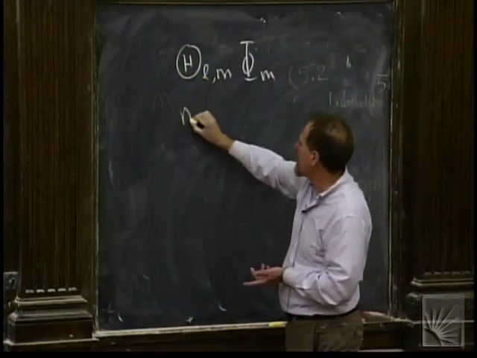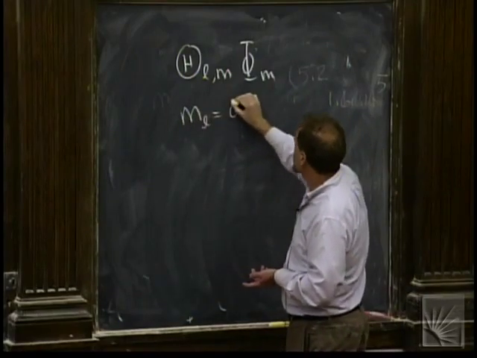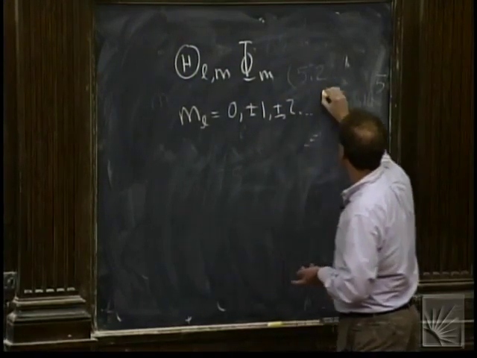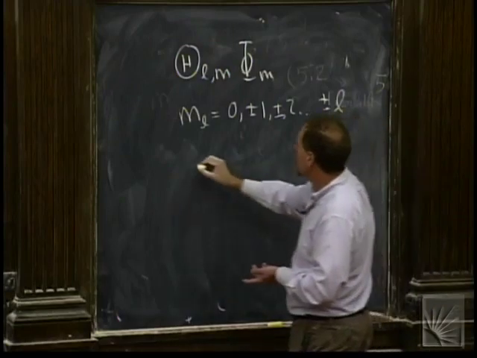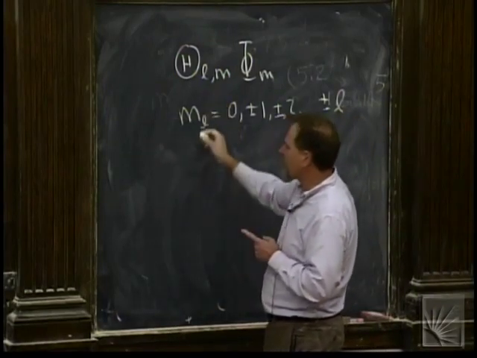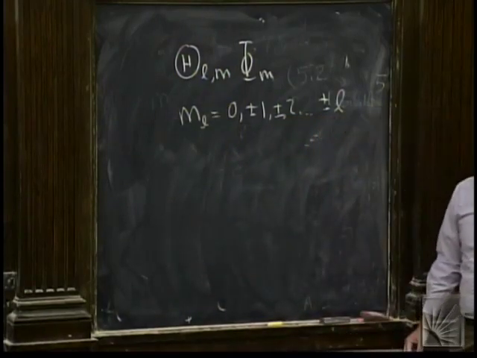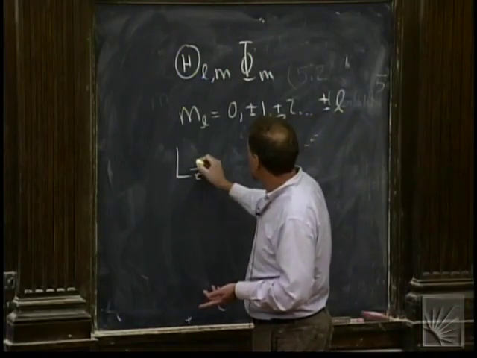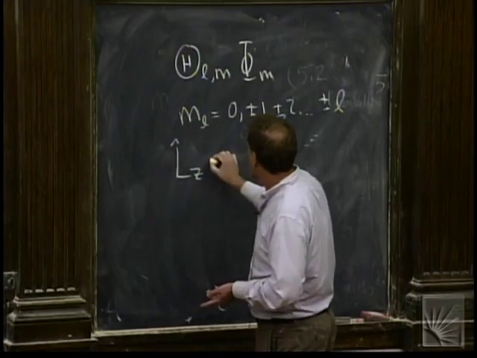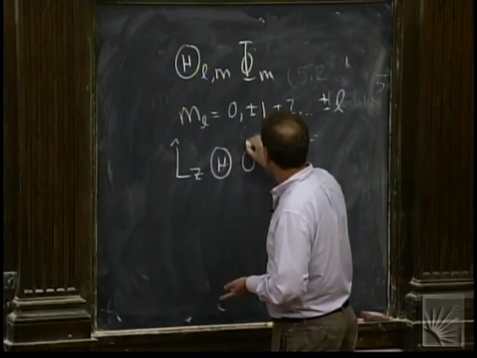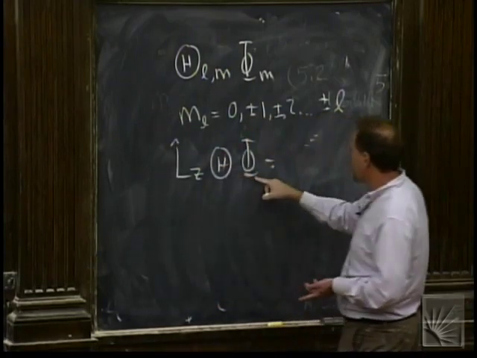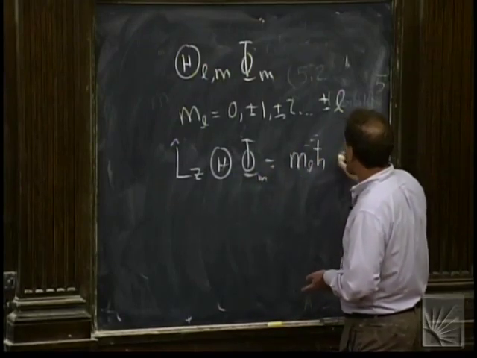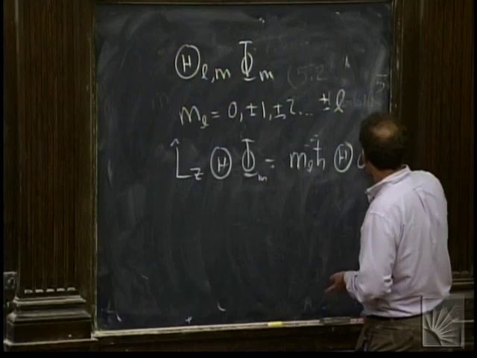There are rules for m. And that's that it goes 0, plus and minus 1, plus and minus 2, dot, dot, dot, up to plus and minus L. There's going to be a rule for L which relates it to the R equation. I haven't gotten there yet. And L sub z, operating on theta and phi, well actually it's operating in phi alone, is m sub L h bar times theta phi.